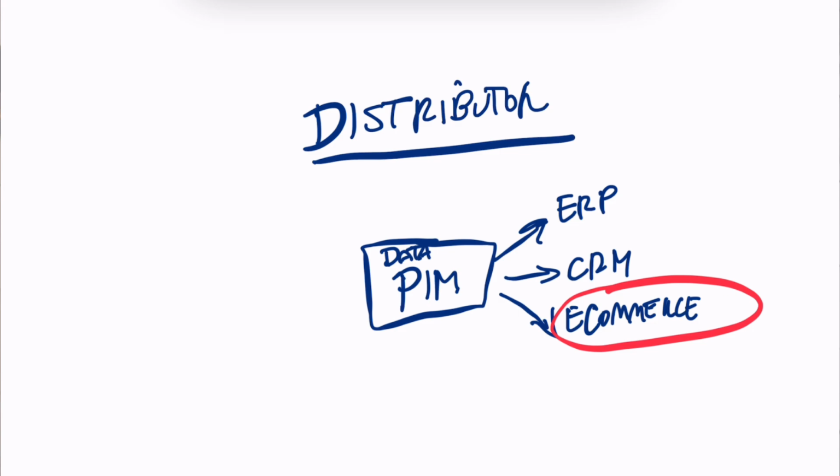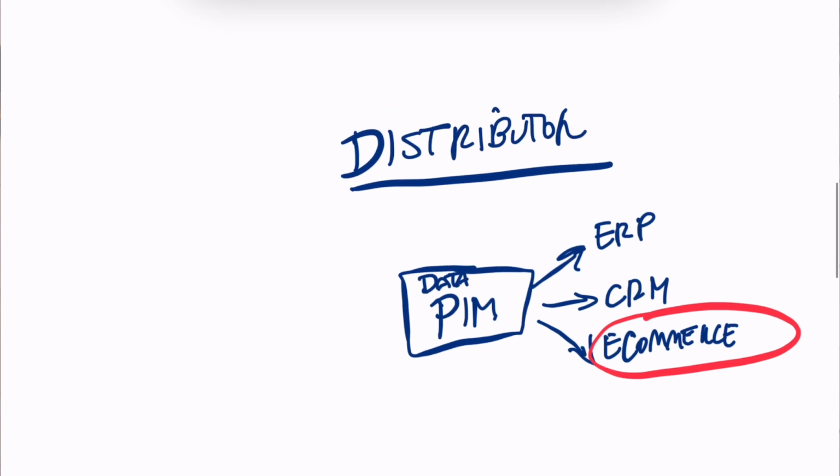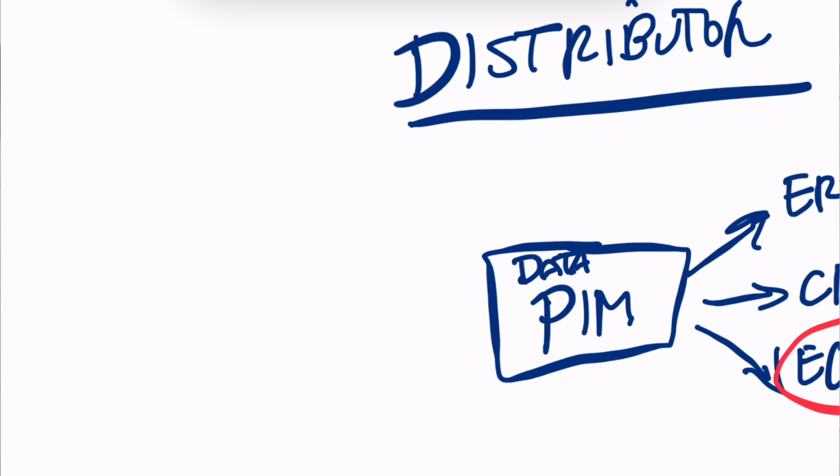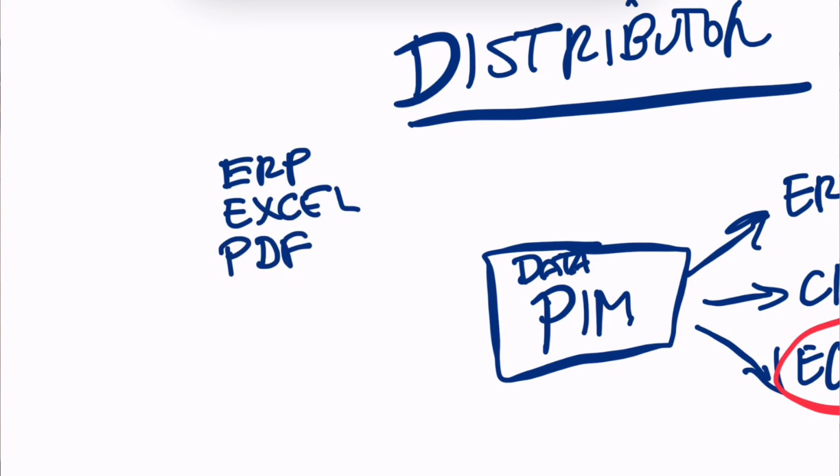So where they get data from becomes really important for a distributor. Of course, they're going to get data from their ERP, their Excel spreadsheets, their PDF catalogs, data sheets, and things like that. But the biggest source of data for a distributor is the manufacturers themselves.